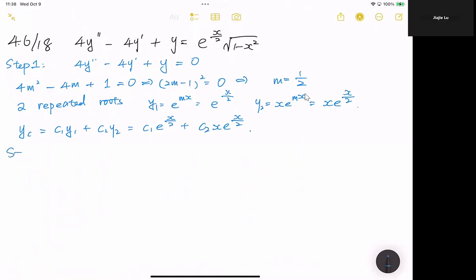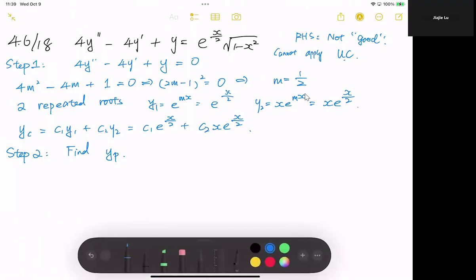And then after we finish step 1, in step 2 we need to find a particular solution, yp. But here you can see on our right-hand side, it's not a good function because we don't have square root as a good function. So we cannot apply undetermined coefficients, UC for short. So we have no choice but to use variation of parameters.